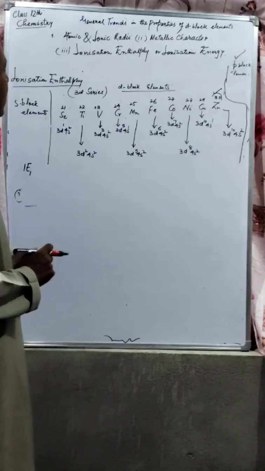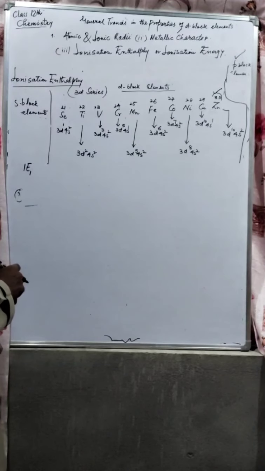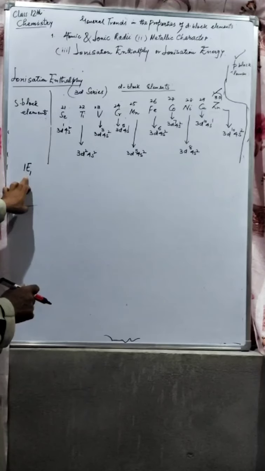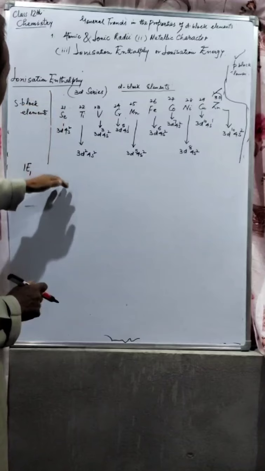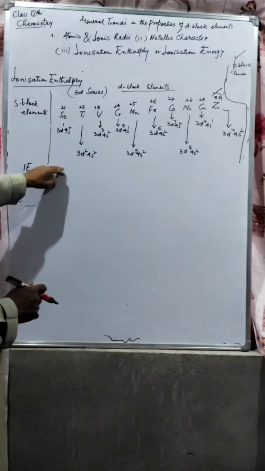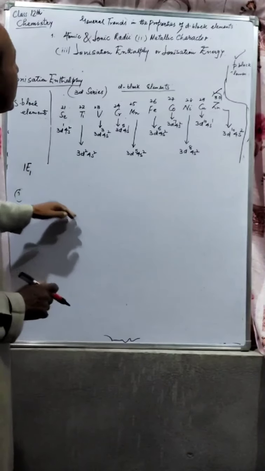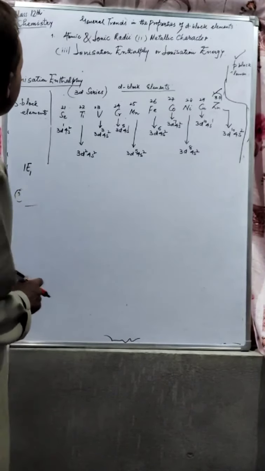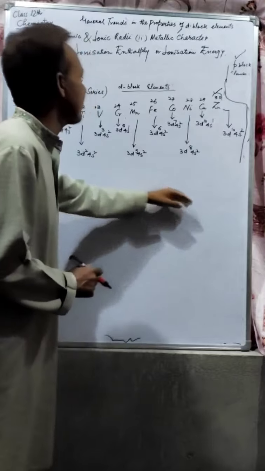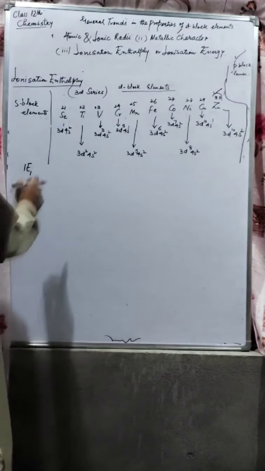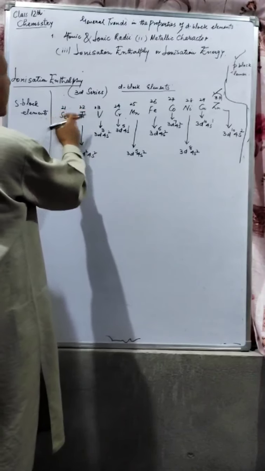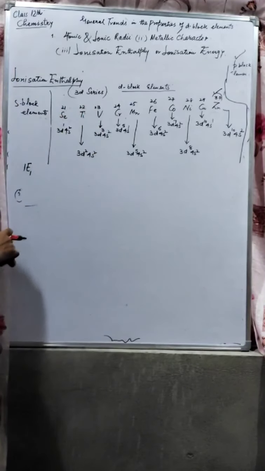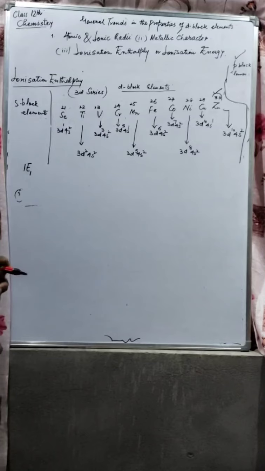Similarly, the ionization enthalpy of 4d and 5d transition series increases along the series. That means the ionization enthalpy of titanium is greater than scandium, vanadium is greater than titanium, but there are some exceptions.